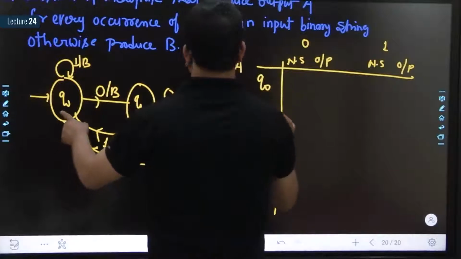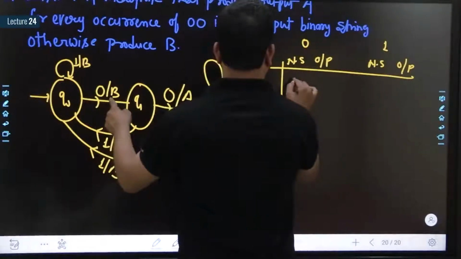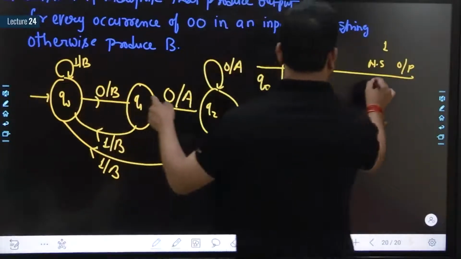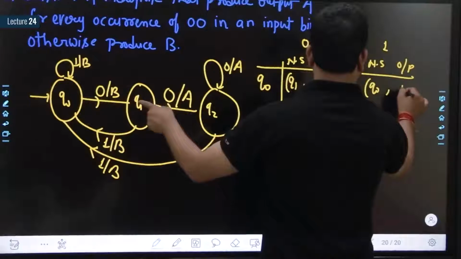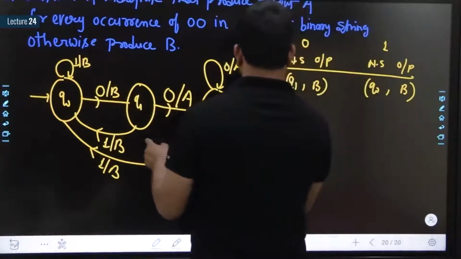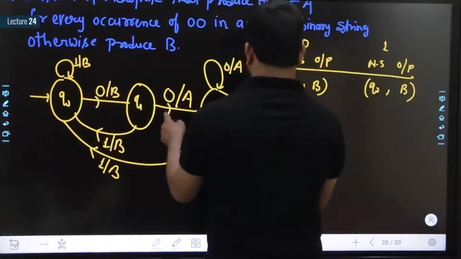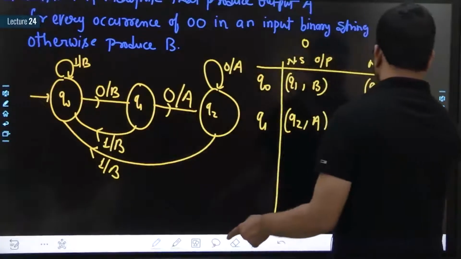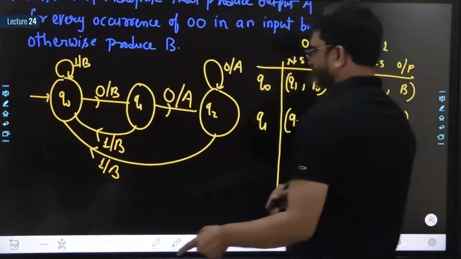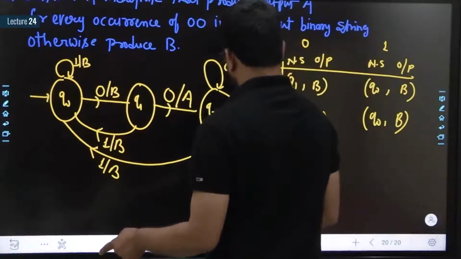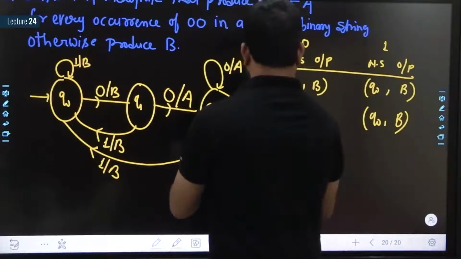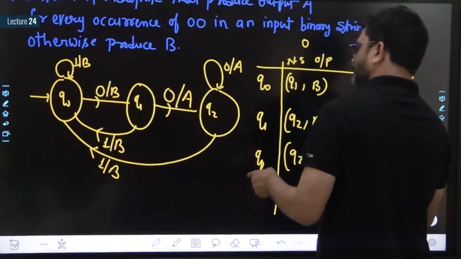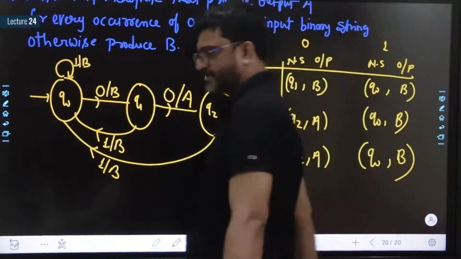Q0 on 0, Q1, output is B. Q0 on 1, Q0, output is B. Q1 on 0, Q2, output is A. Q1 on 1, Q0, output is B. Q2 on 0, Q2, output is A. Q2 on 1, Q0, output is B.